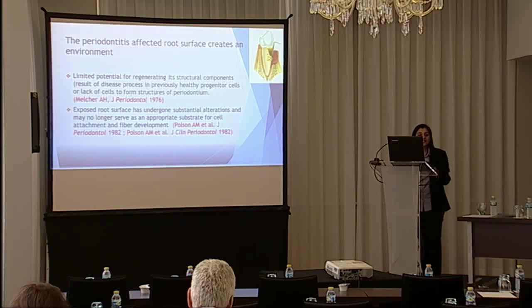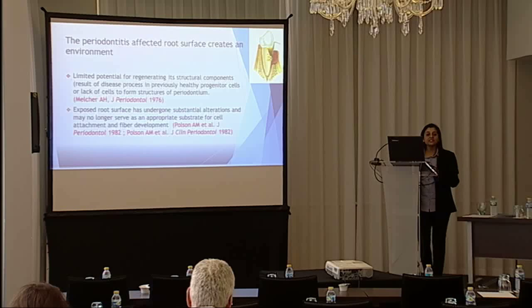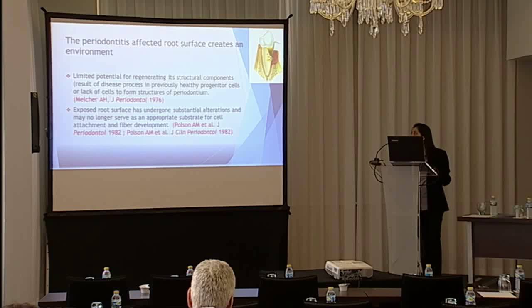A periodontitis-affected root surface creates an environment with limited potential for regenerating its structural components, that is, the alveolar bone, periodontal ligament, and the cementum, which may be a result of a disease process in previously healthy progenitor cells, or may be due to lack of cells to form structures of the oral cavity. Also, the exposed root surface has undergone substantial alterations and may no longer serve as an appropriate substrate for cell attachment and fiber development.